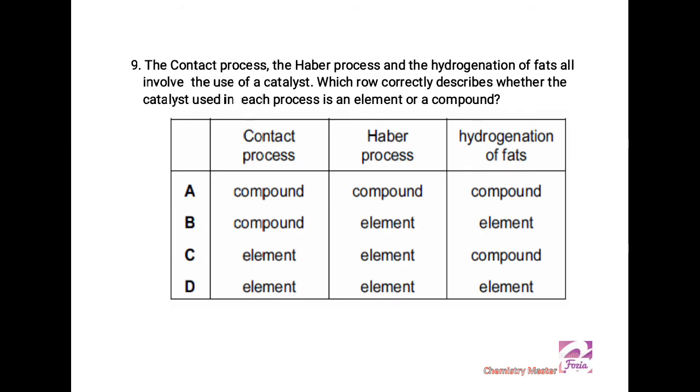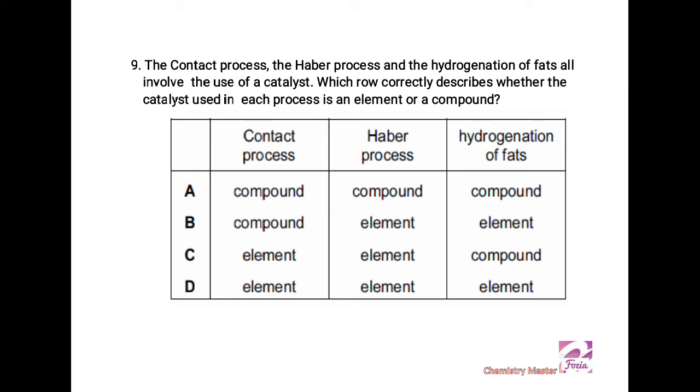Okay, the ninth is the contact process, the production of sulfuric acid, the Haber process, the production of ammonia gas, and hydrogenation of fats and oils, which consists of adding molecular hydrogen to unsaturated compounds of fats. You can only select the right answer if you know the industrial catalysts used.